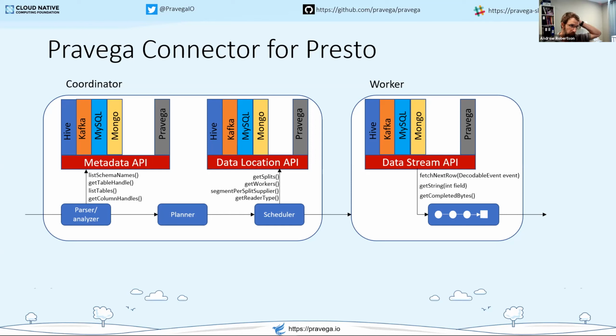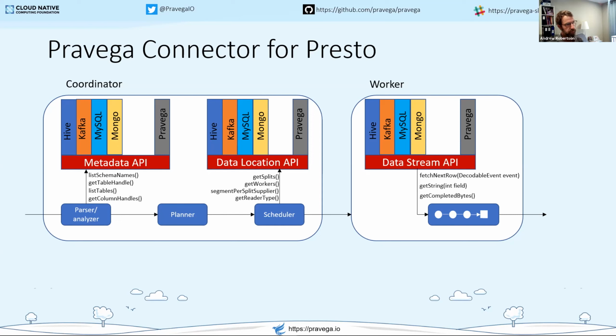The next core component is driven by the coordinator. At this point the user has submitted a query, it's done a bit of planning, and now Presto says, here's the data the user has requested, here are the fields and columns involved in the query, and you give us a list of splits that we can run to satisfy this query.